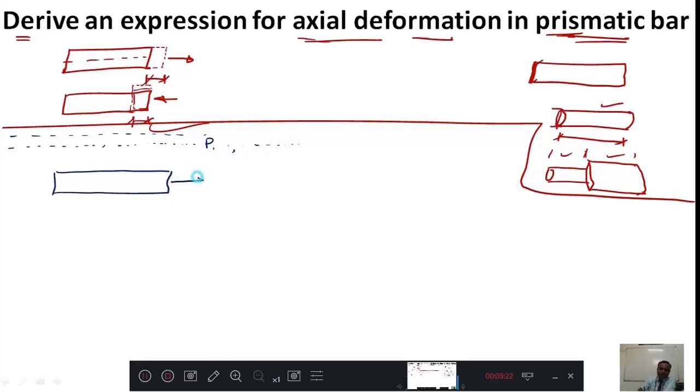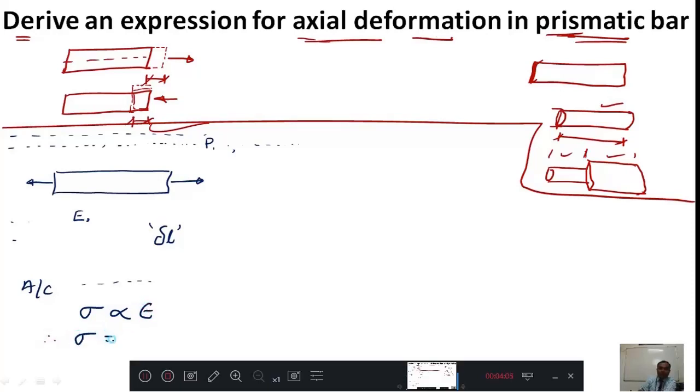Now see, this is as shown in the figure. Next point, below this one: the material will have Young's modulus E. Next line: after axial deformation, the change in length is denoted as delta L. Next, according to Hooke's law, stress is directly proportional to strain.